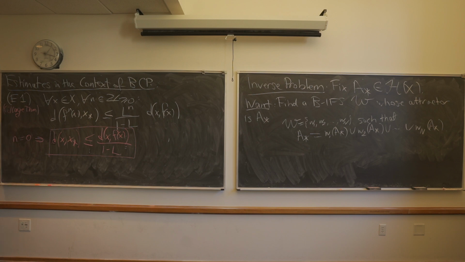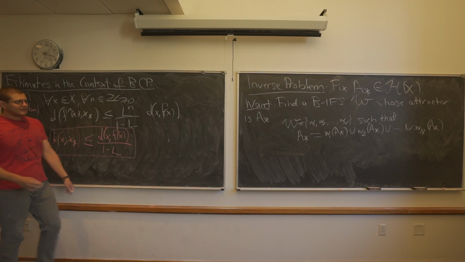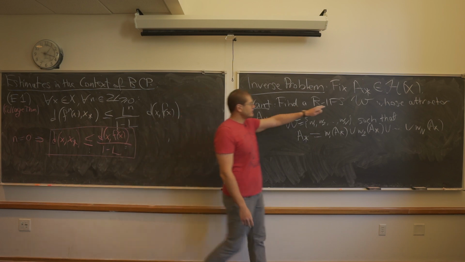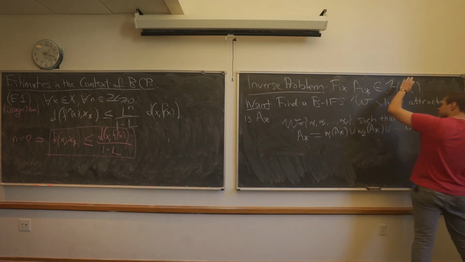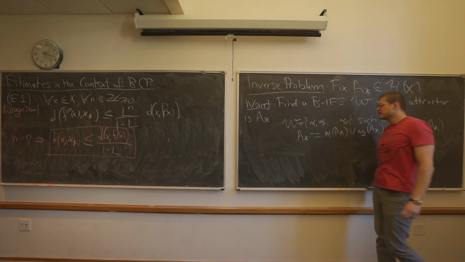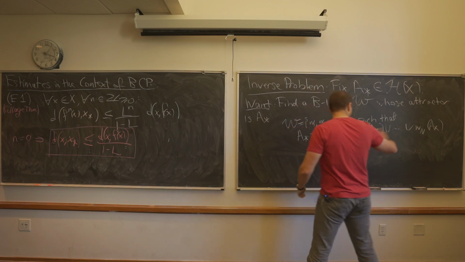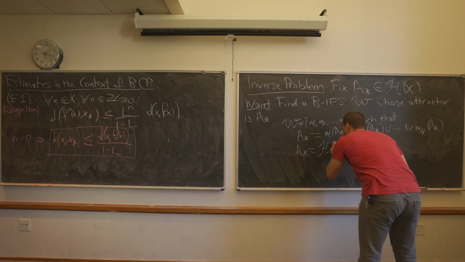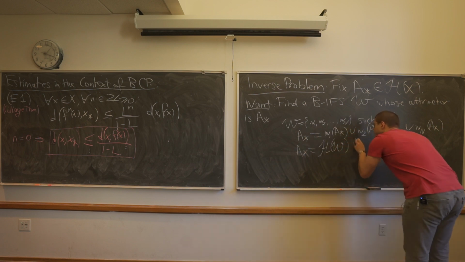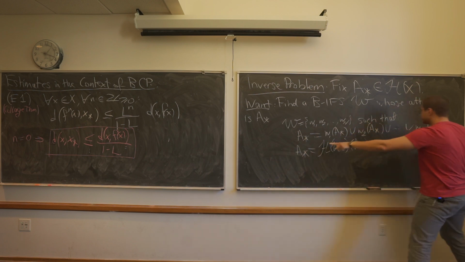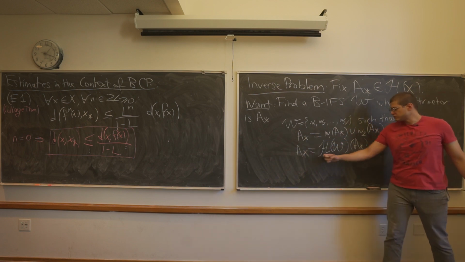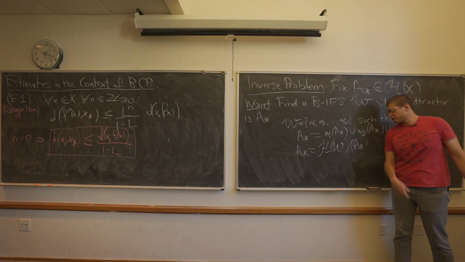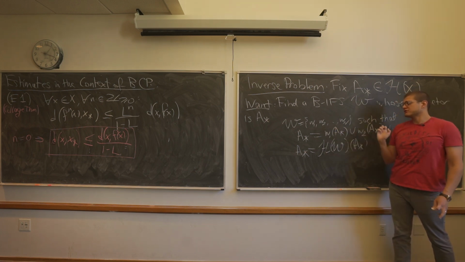Okay, and how did we apply this Banach contraction principle? Not to the original space, but to the hyperspace with the Hutchinson operator. So this right-hand side is, you know, you abbreviate it like this, and this is, recall, the Hutchinson operator of this iterated function system.